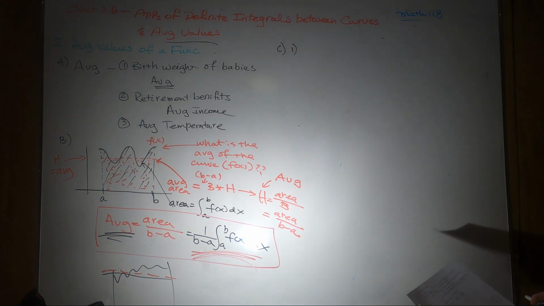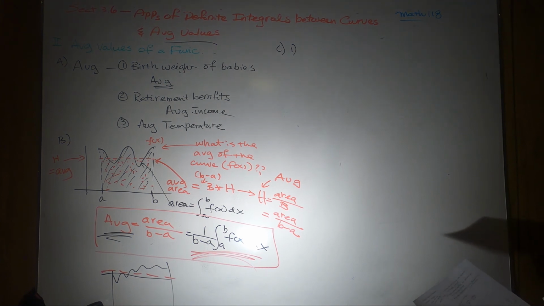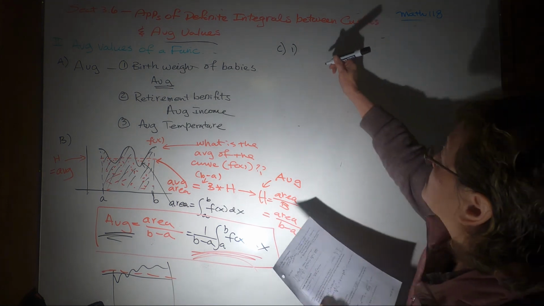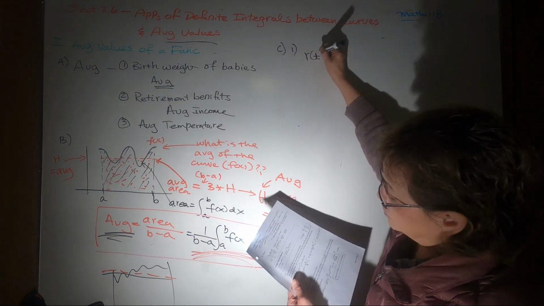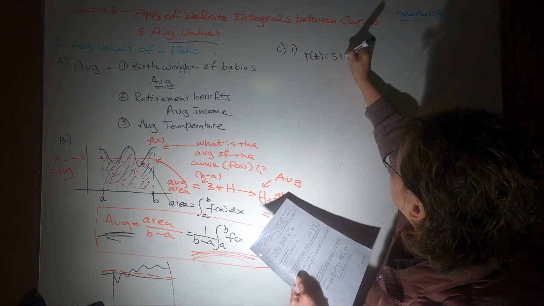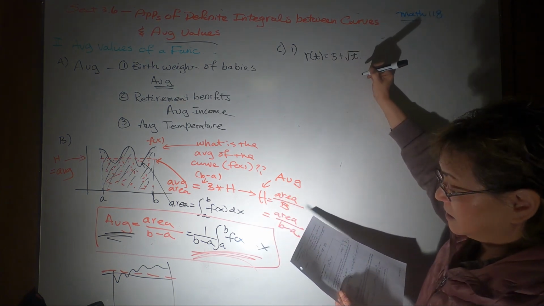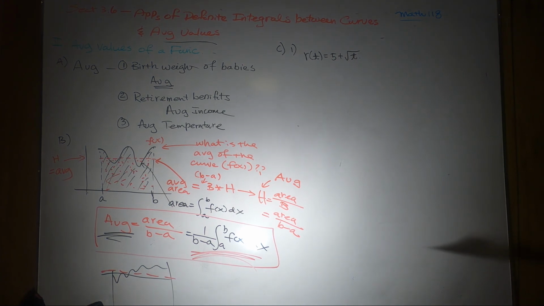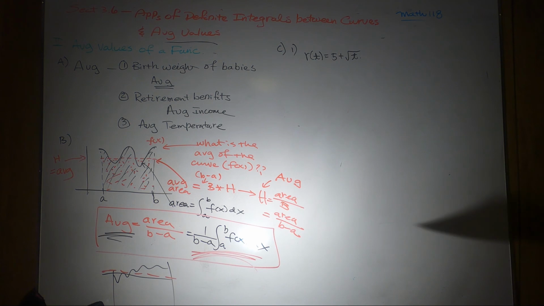So, it says, during a 9 hour workday, the production rate at time t hours after the start of the shift was given by the function of the rate according to time, 5 plus square root of t cars per hour. They produce so many cars per hour. Find the average production rate per hour, say over 9 hours a day.